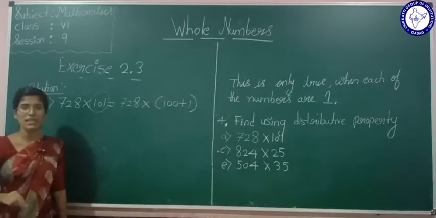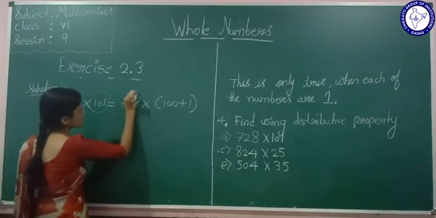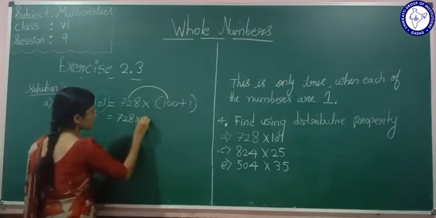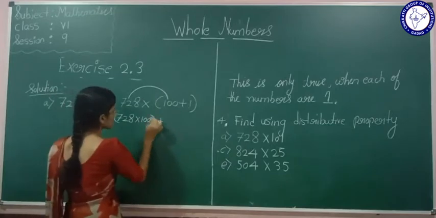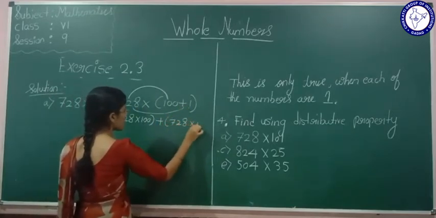They told particularly to use the distributive property, yes or no? What is that? 728 multiplied by 100 plus 728 multiplied by 1.